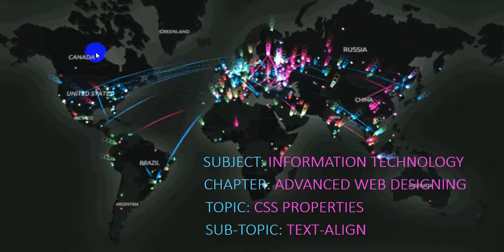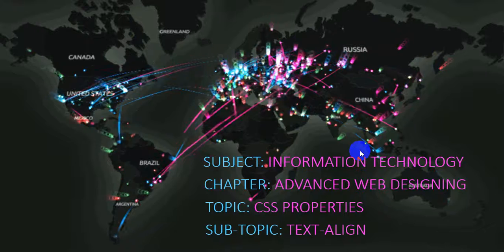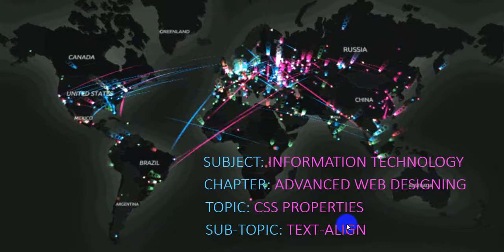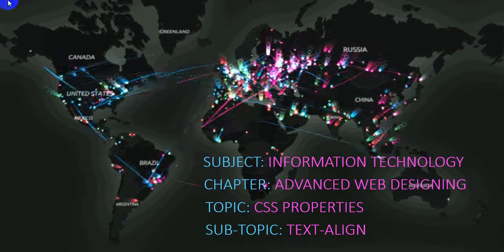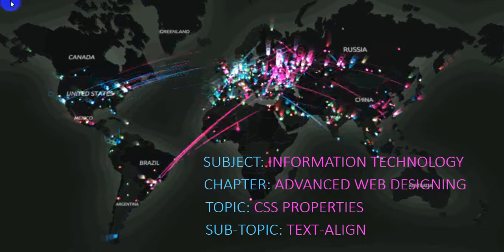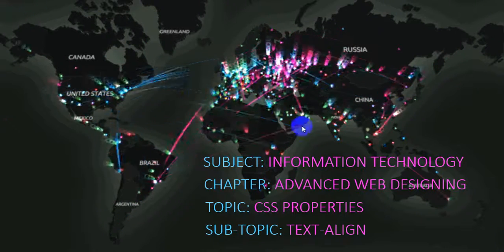So if this is my whole web page, the website or the page, and my text or paragraph starts from this side, this is my left side. Student, please note, this is my left hand side, this is the right hand side, and this is the center.